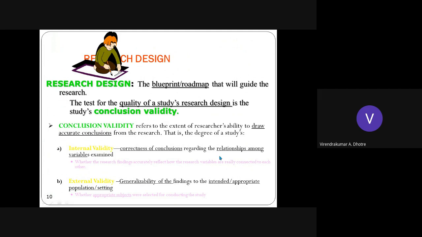Whatever area we have selected, whether that area is appropriate for conducting the study, whether it is correct or not. That is what is mentioned by external validity.